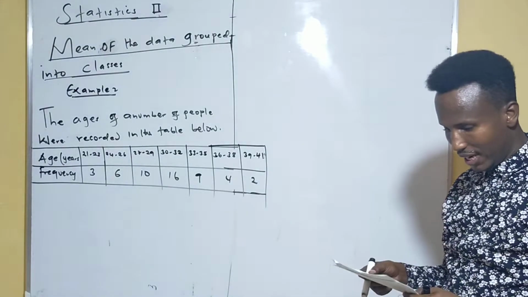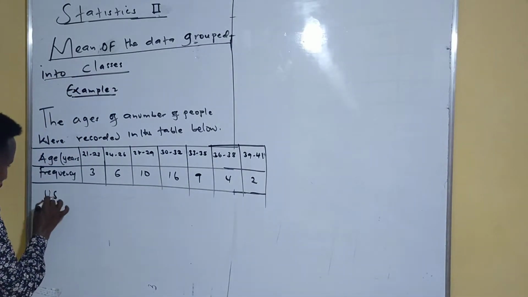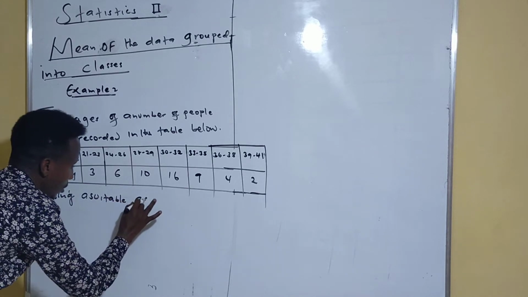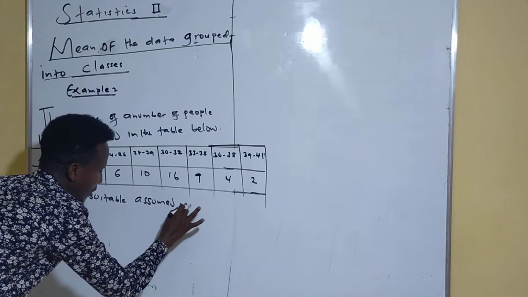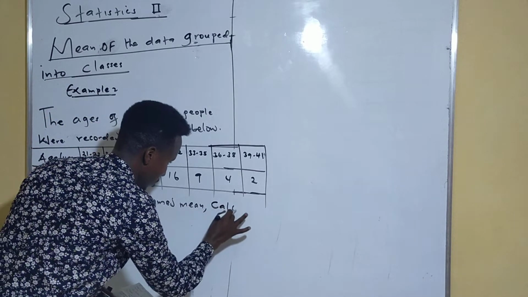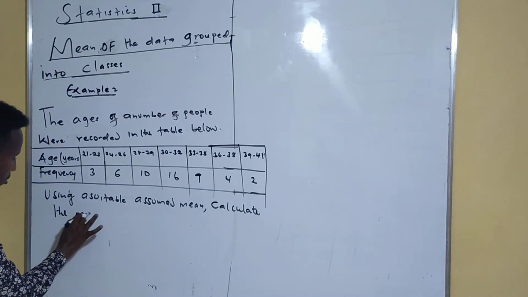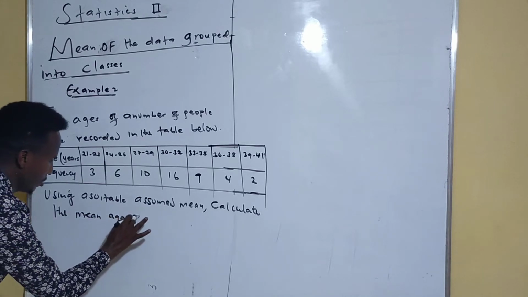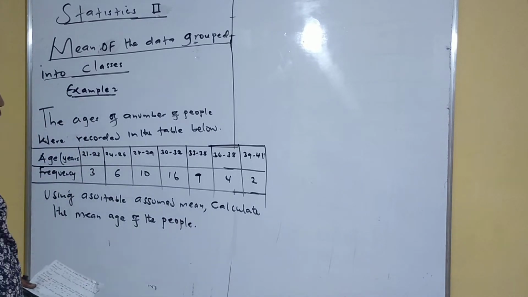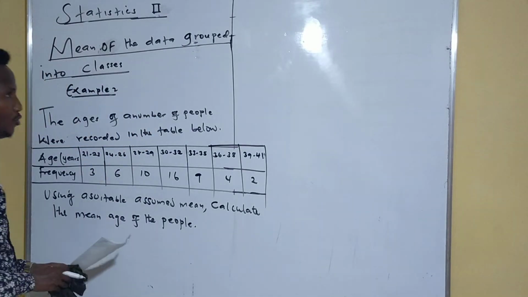You are told, using a suitable assumed mean, calculate the mean age of the people.